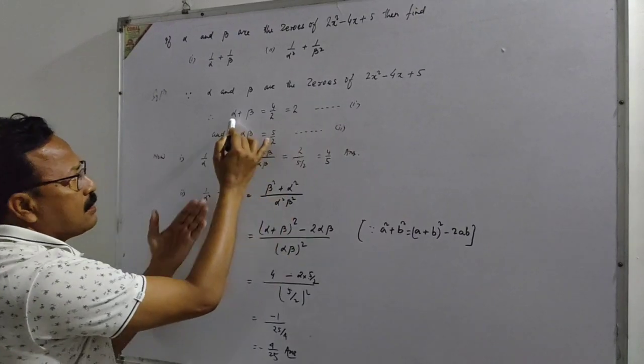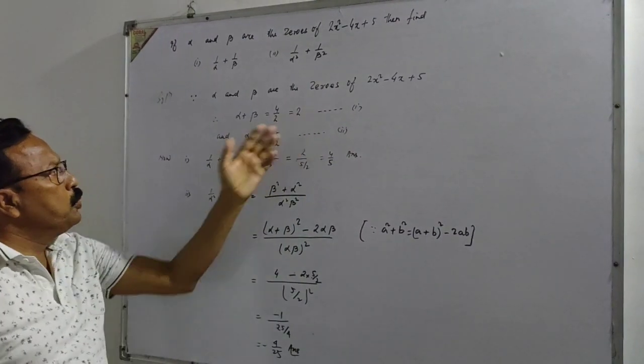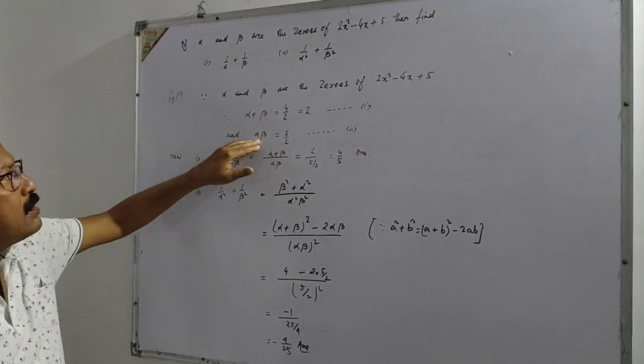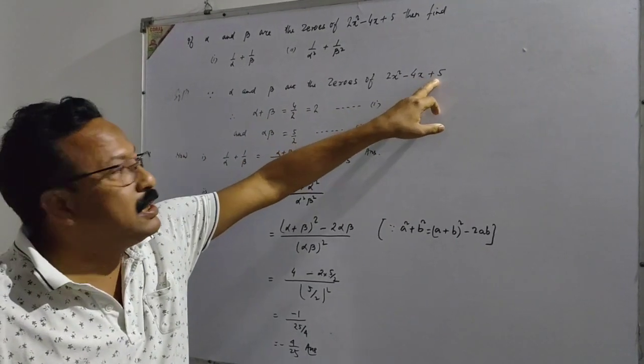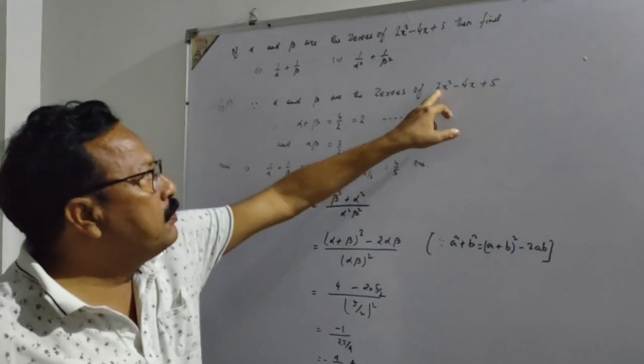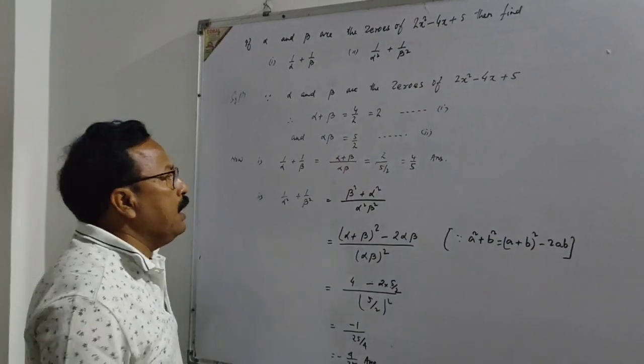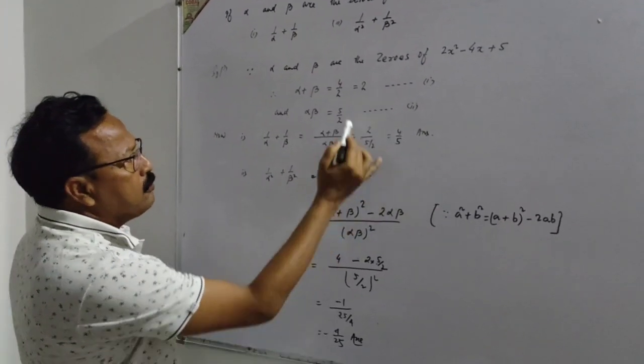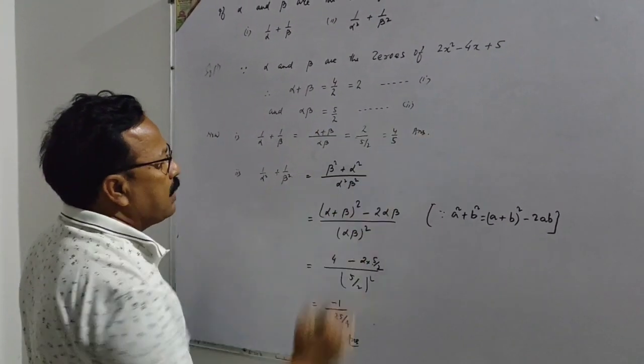You will get the sum alpha plus beta equals 2. Take it as equation 1. The product of the zeros is the constant term, that is c by a, constant term by coefficient of x square. Here you will get 5 by 2. This is equation 2.